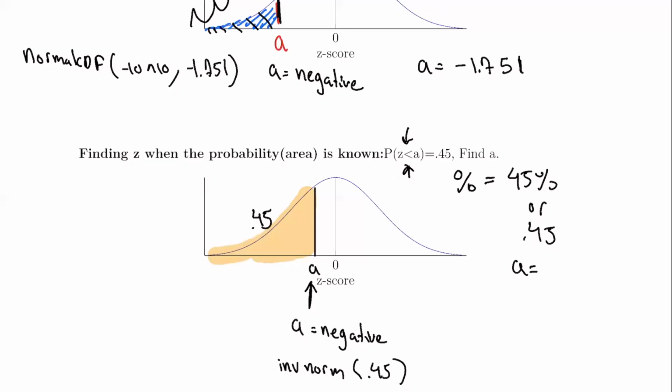So for your A, it should equal negative 0.1257. That way, you could split up the bottom 45% and the top 55%. So that's the marker that essentially blocks off the bottom 45% and the top 55%.